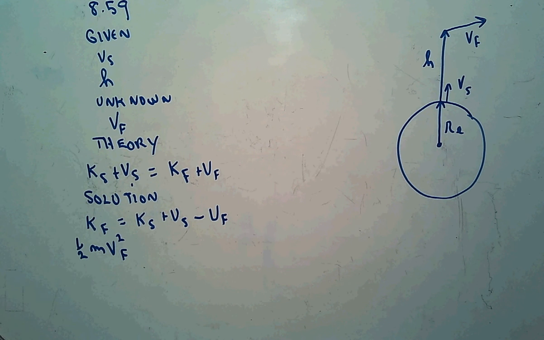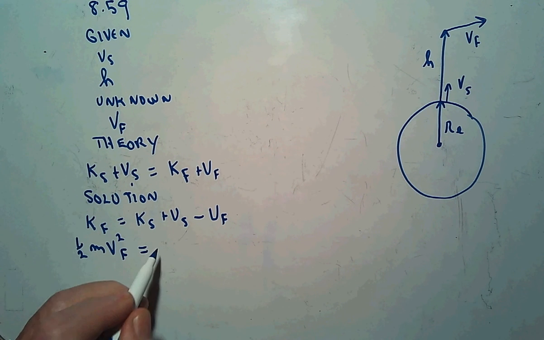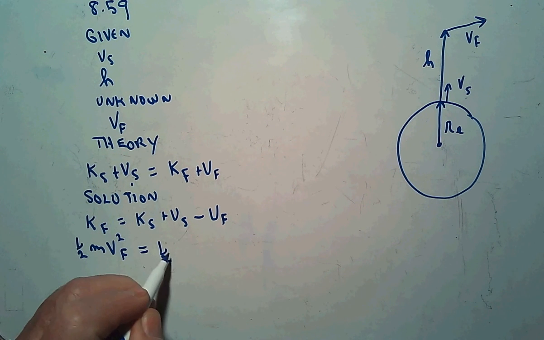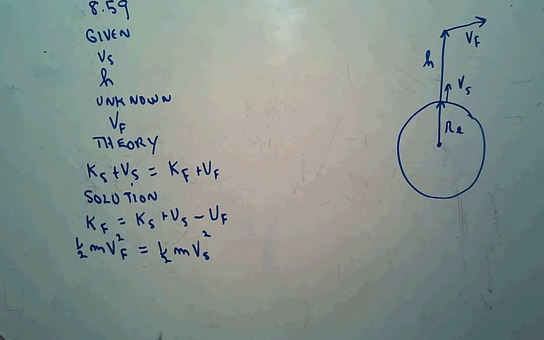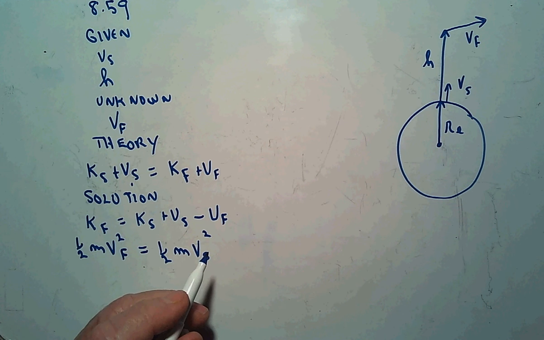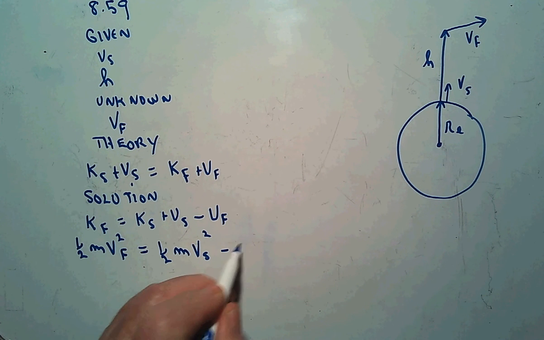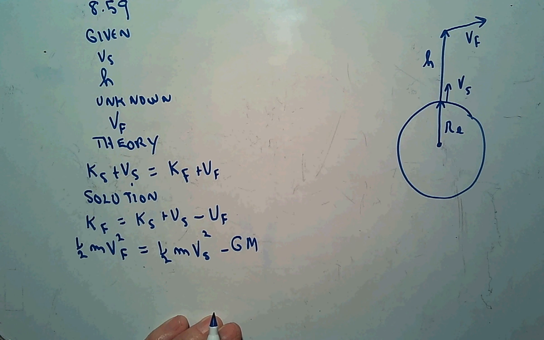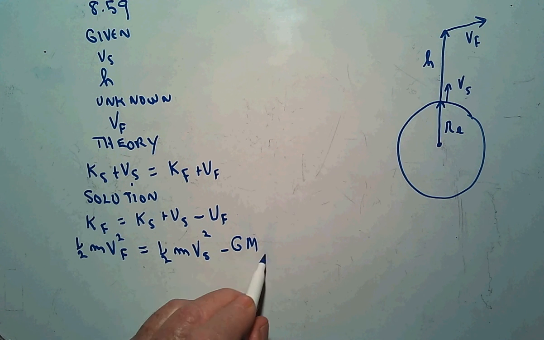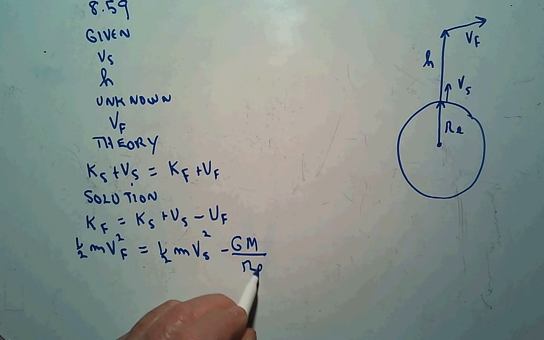Okay, so there's the final kinetic energy. I've got to put in what the initial kinetic energy is. And then the potential energy that I start with is just minus G, the mass of the Earth, over the radius of the Earth, which you'll have to look up.